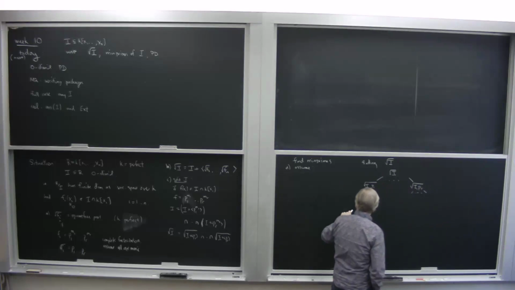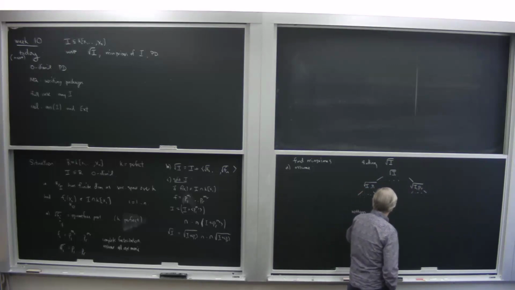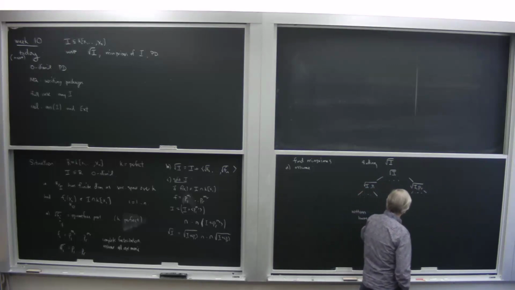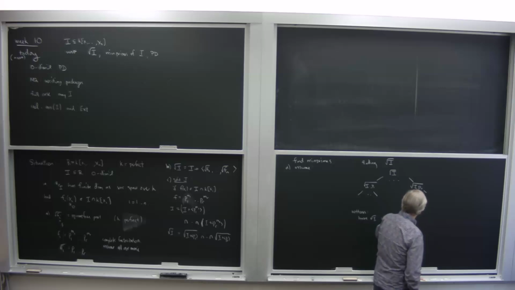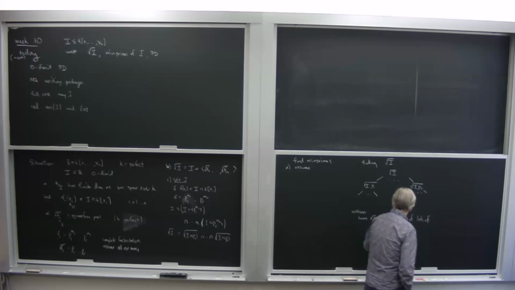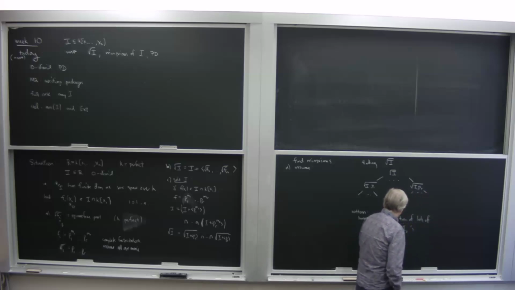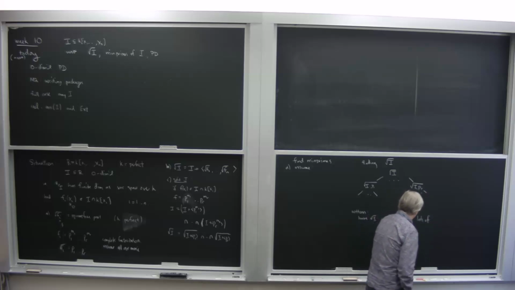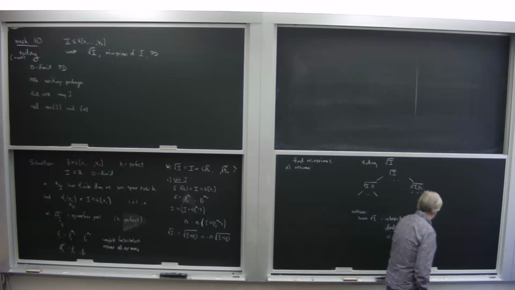And then at the very bottom, what do you get? You have the radical of I is equal to the intersection of lots of ideals, let's say I sub j's, such that I sub j intersect each k[x_i] is generated by an irreducible polynomial.